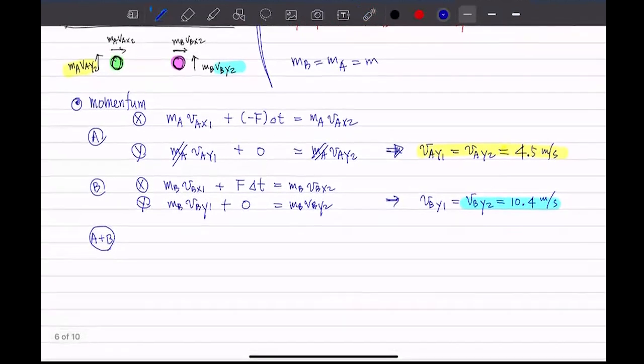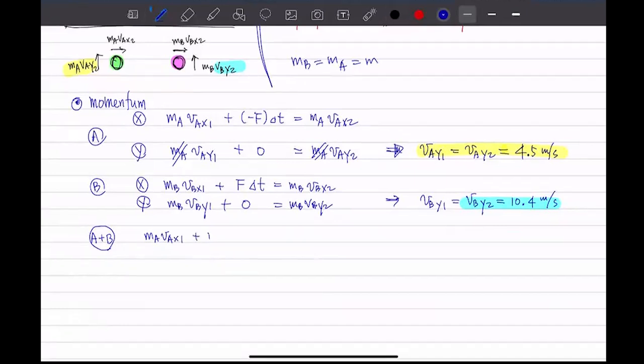So if we do the conservation of momentum, mA vA,x1 plus mB vB,x1 equals mA vA,x2 plus mB vB,x2. And these are all the same m, so we can just get rid of them.